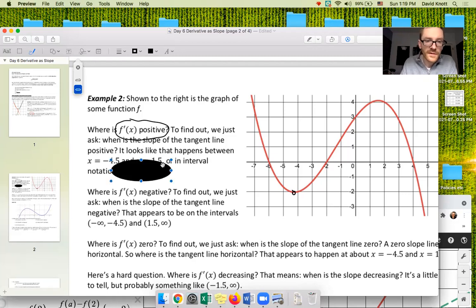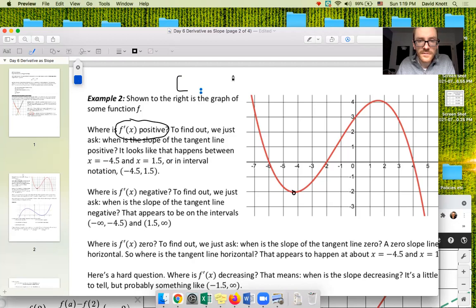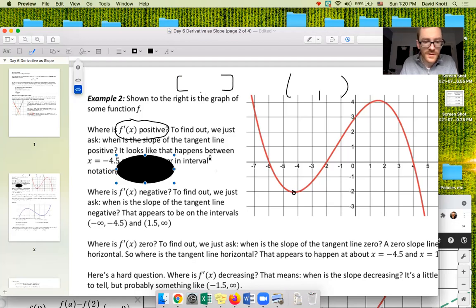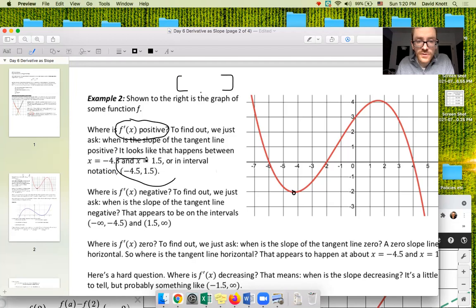You might remember that there's a difference between brackets and parentheses in interval notation. Brackets include the endpoints, the boundary points of the interval, but a set of two parentheses do not, okay? And I don't want to include the endpoints here because I think actually the derivative is 0 at those endpoints, not positive. So that's why I used the parentheses there. So just don't be confused. This is an interval, right? It's not a point, even though the notation is the same.